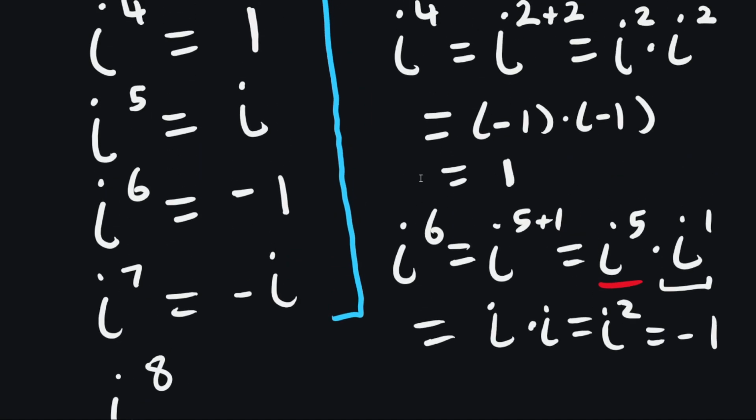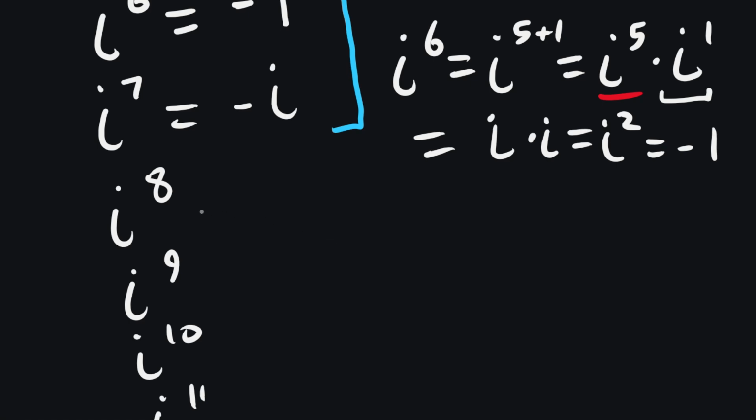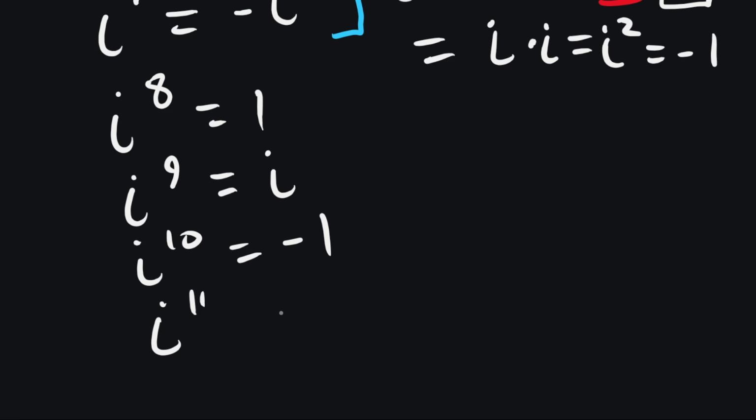It's the same pattern. i to the 8th is 1, i to the 9th is i, i to the 10th is -1, and i to the 11th is -i.